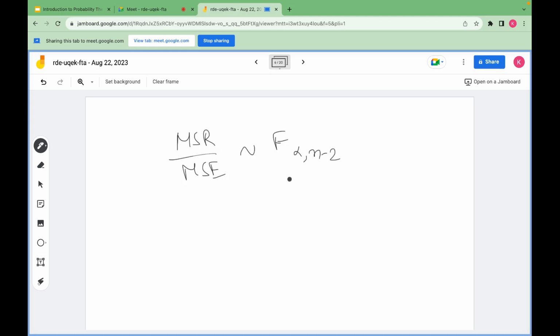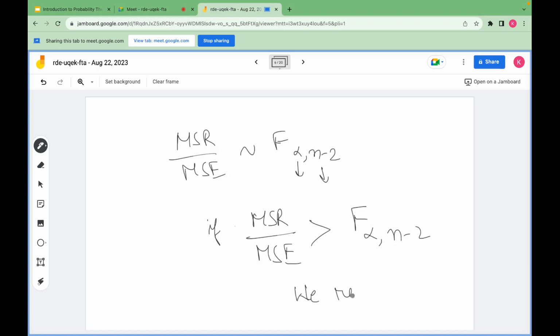We will find this value for the given alpha and given n. We will find some test statistic, and if this MSR upon MSE is greater than this, we reject the null hypothesis.